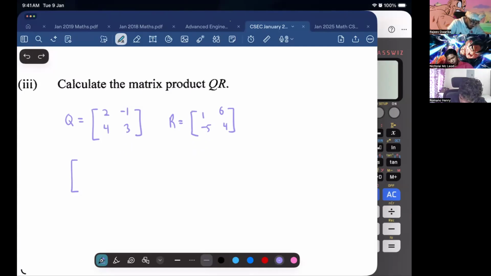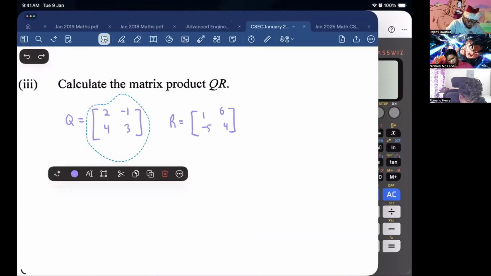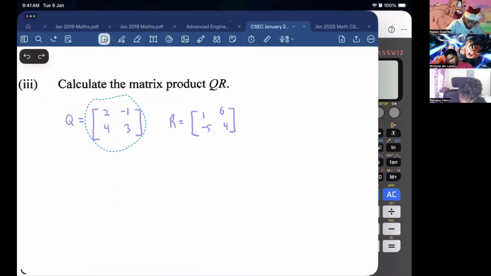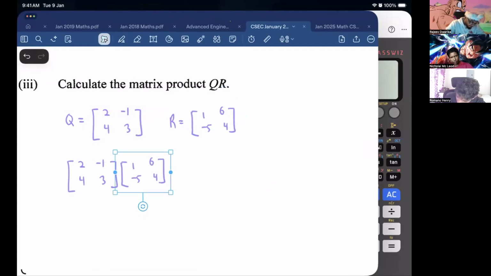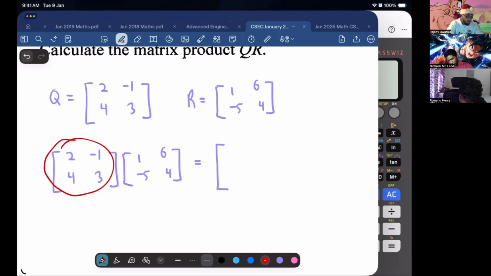Let's copy and paste things. Nicholas, do you know how to do matrix multiplication? Let me assist you a little bit. What is the first row over here? 2 and negative 1.